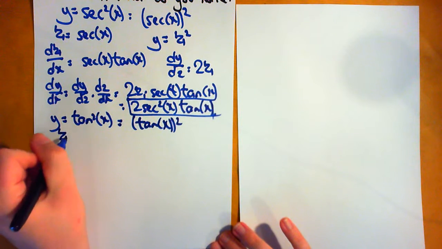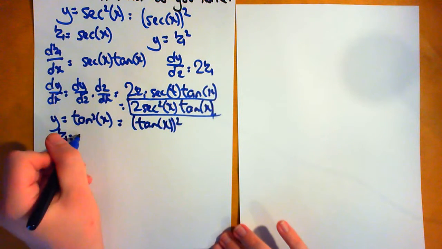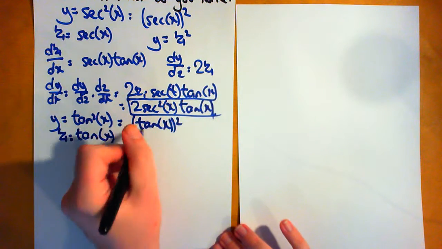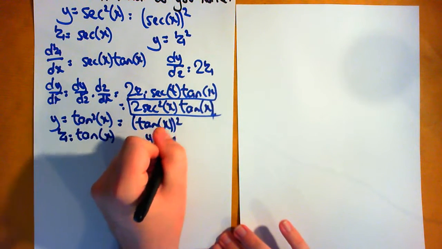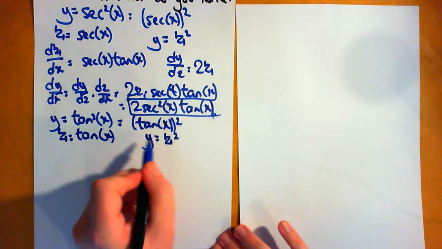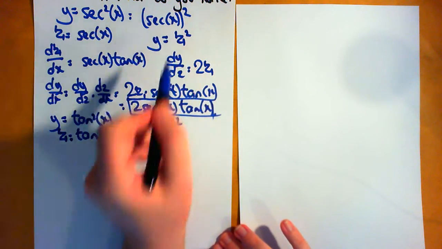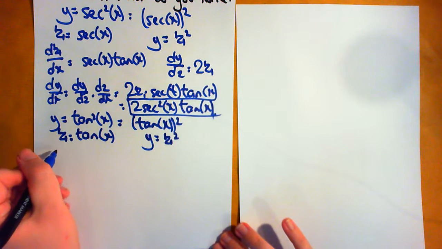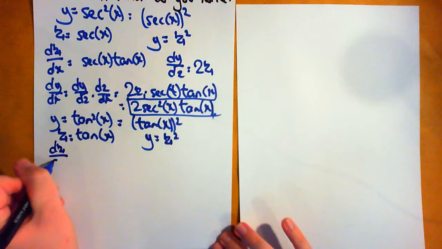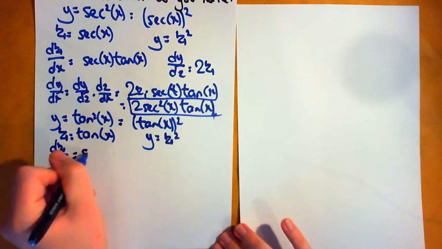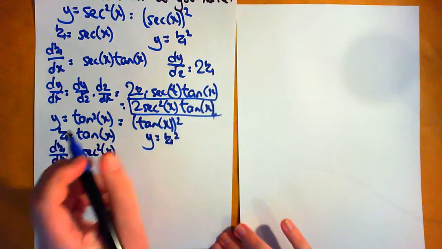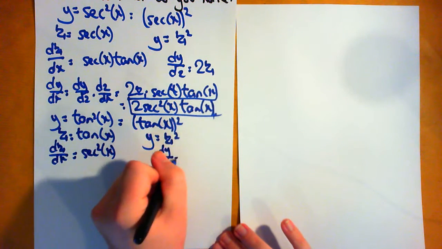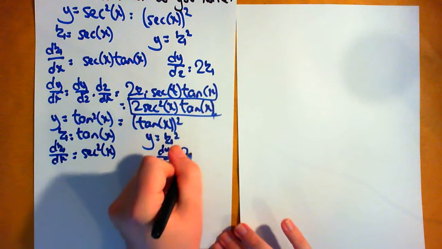So the z steps are going to be the same, except now z is going to be tan of x, and still we're going to have y equals z squared, because both functions have whatever's inside the bracket squared, so they will both be z squared. Okay, so dz by dx equals sec squared of x, and we also have dy by dz equals 2 times z.